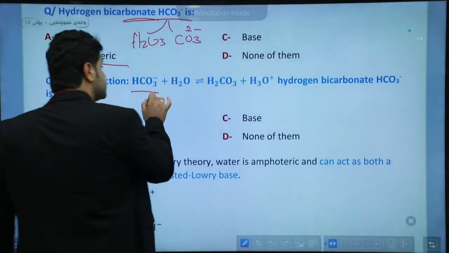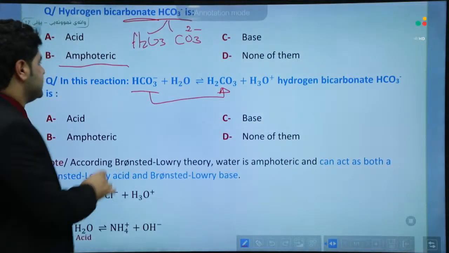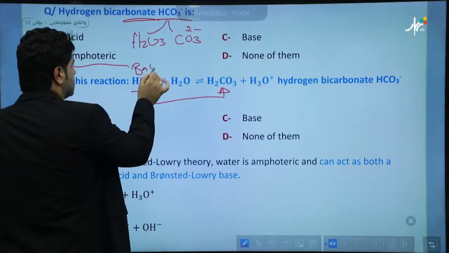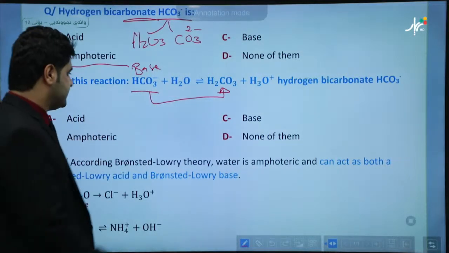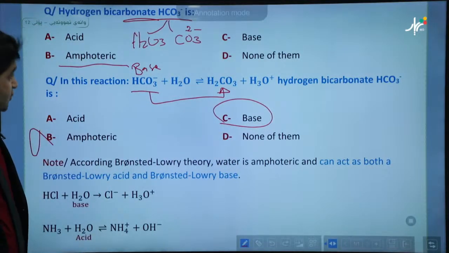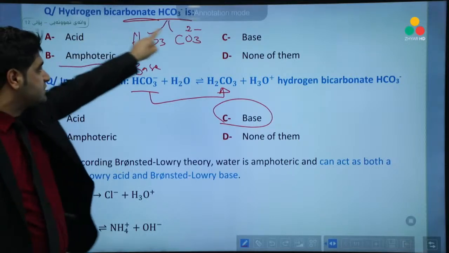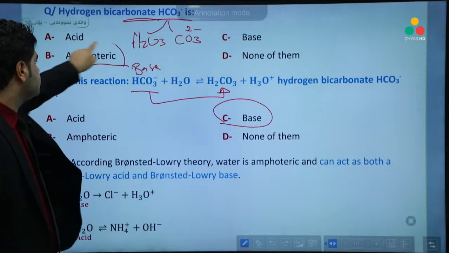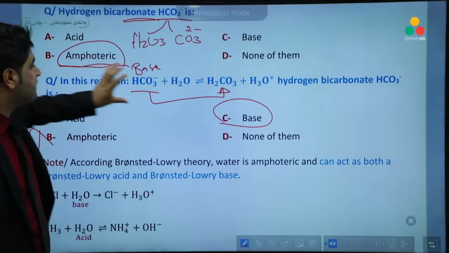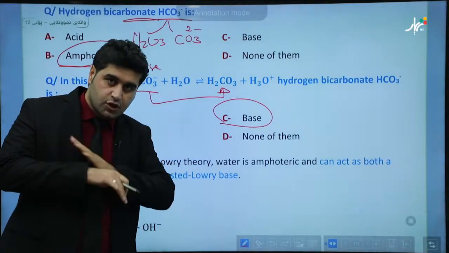In this reaction, it gains the proton. It's base only. So it's not amphoteric in this reaction. So if we have a previous species out of the reaction, they become amphoteric. But if we have them in the reaction, they don't. They should be acid or base. No more.